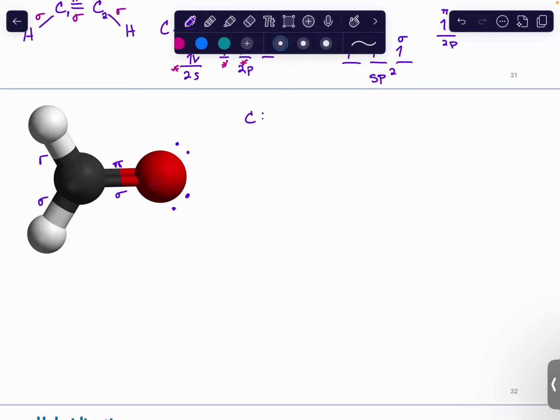The oxygen has to form a sigma bond, a pi bond, and have space for 2 lone pairs. So the carbon, what's its hybridization? How many regions of electron density does it have? 3, so it has to be sp2 hybridized. The oxygen, how many regions of electron density does it have? 3, the lone pairs count. So it's also sp2 hybridized. Let's look at how that happens.